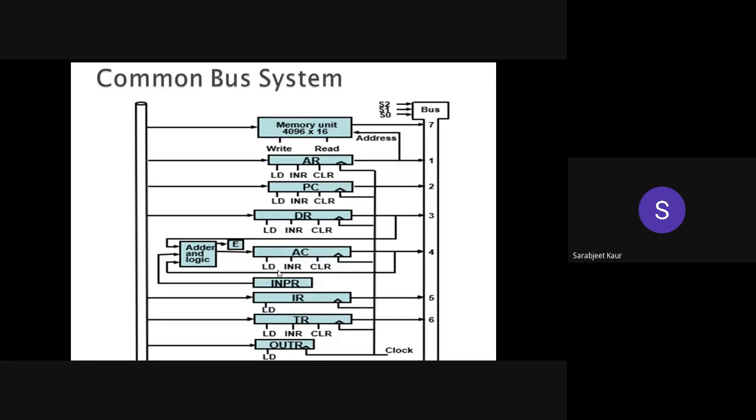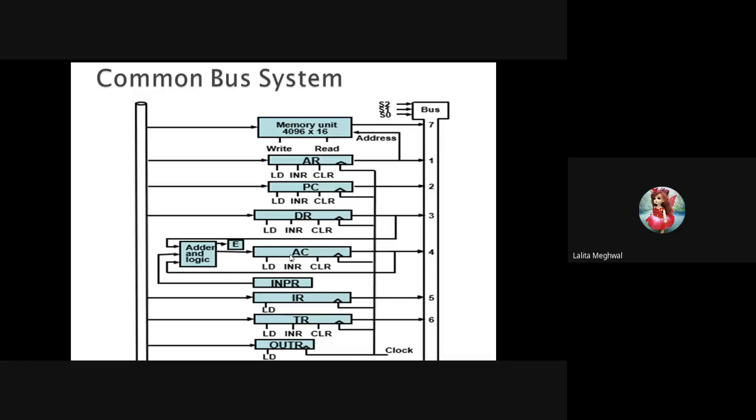As a result, it has no output connection to the bus. Rather, its output is directly connected to the adder and logic unit, where whatever operation has to be done is done, and it is passed on to the accumulator. Is this clear?